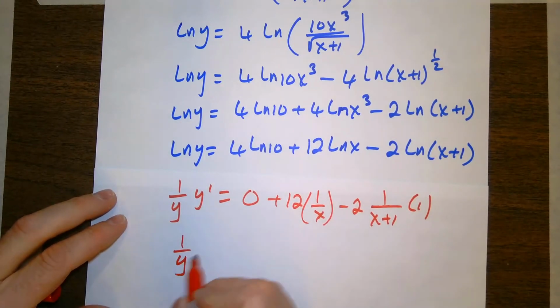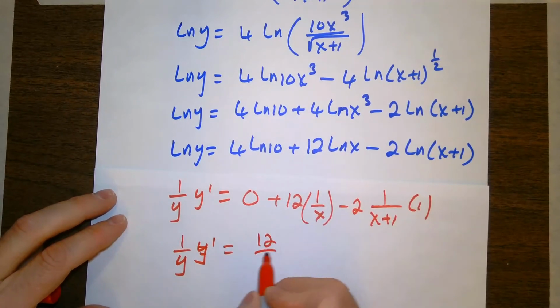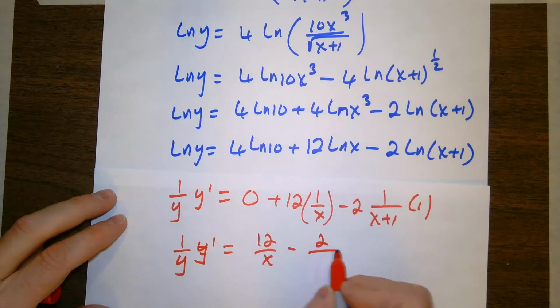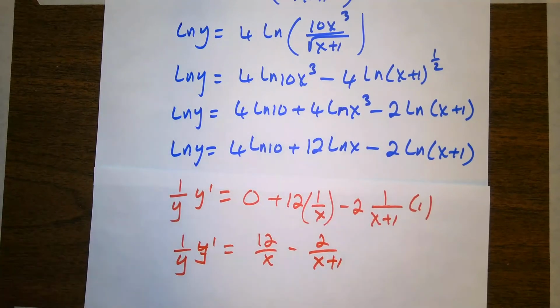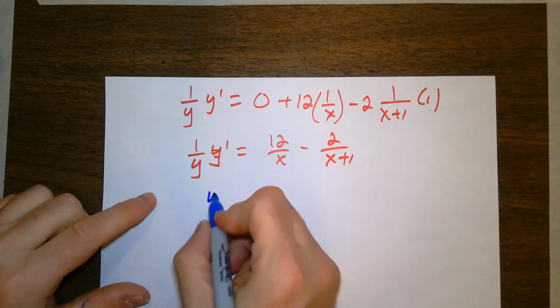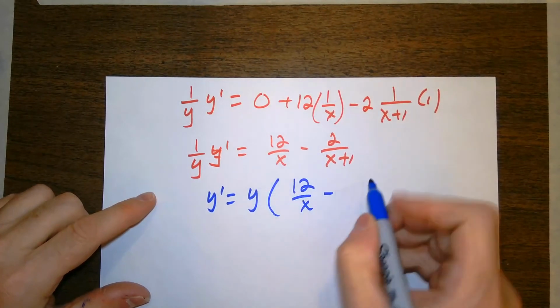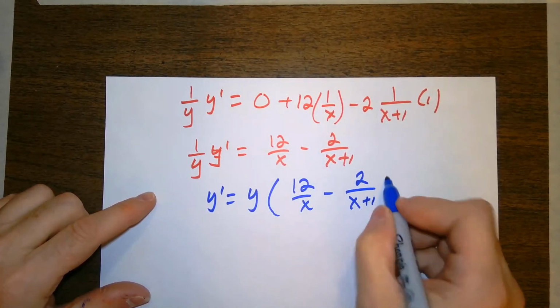So 1 over y times y prime equals 12 over x minus 2 over x plus 1. Look how simple this has become. Multiply both sides by y. Y prime is going to be y times 12 over x minus 2 over x plus 1.